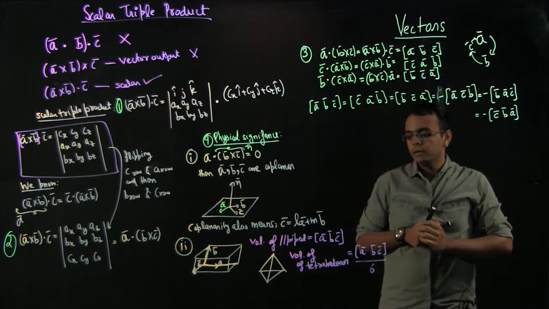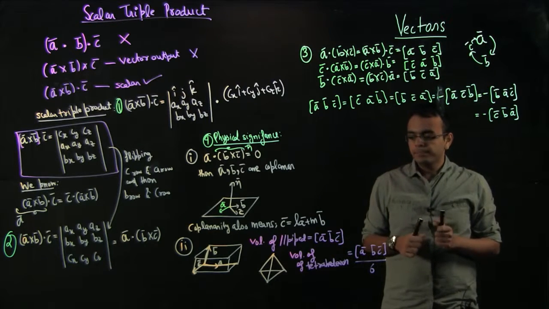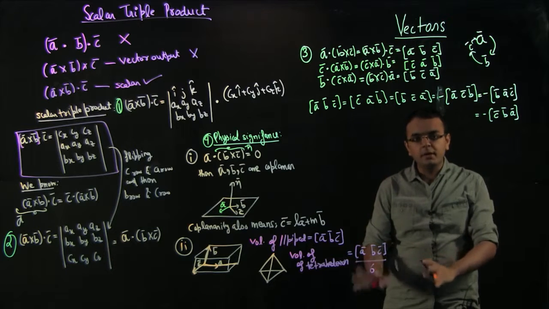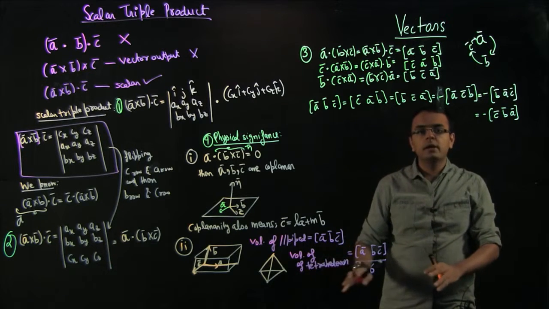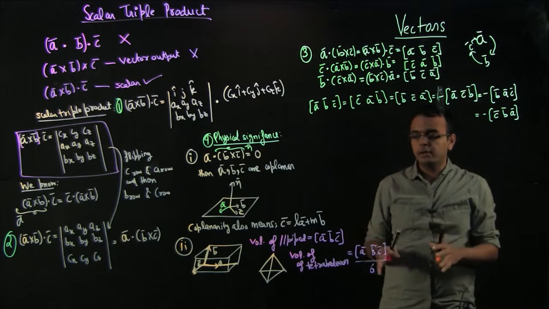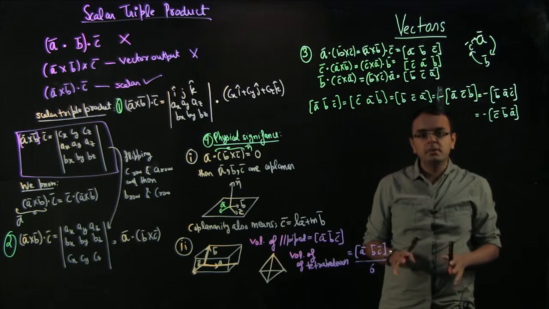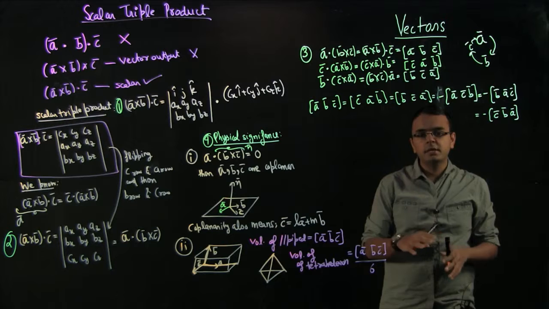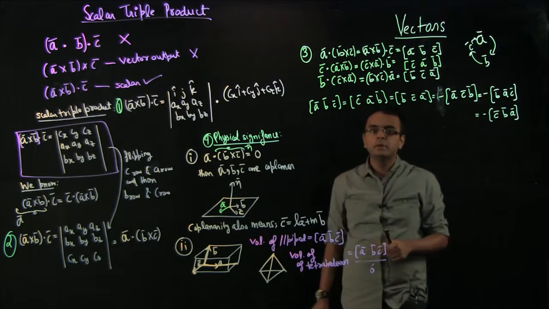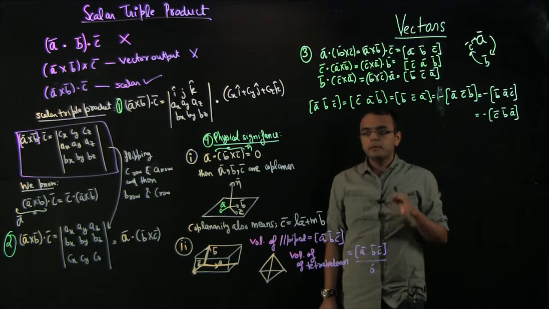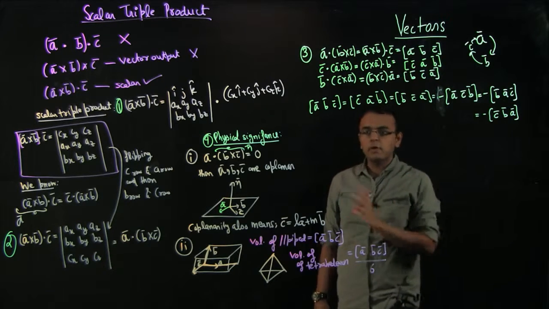If it's a little bit unclear to you, do not worry too much about this. Just go back and look at some images of tetrahedron and parallelepiped, and remember that whenever the sides are A, B and C, the volume of the parallelepiped is ABC and the volume of the tetrahedron is ABC by 6.